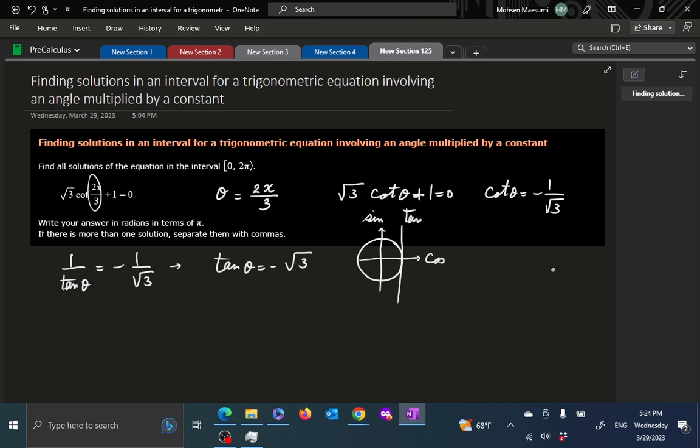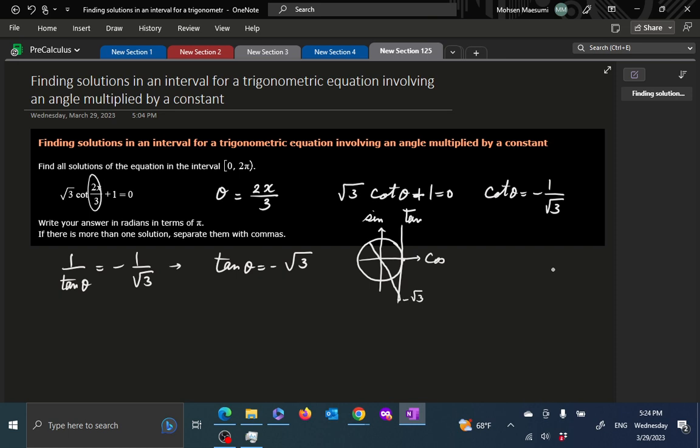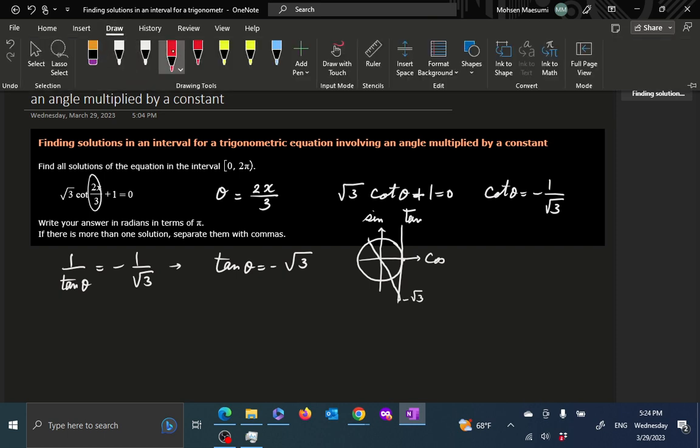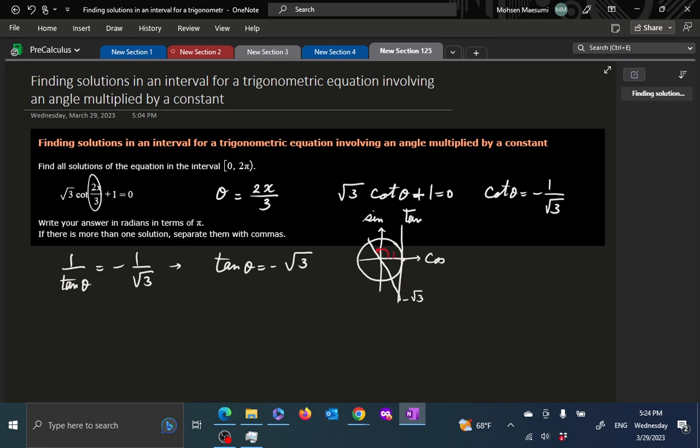Minus radical 3 on the tangent axis, say it is here. We connect to the origin and go to the other side. We see two angles, however you want to label them, that's fine. Here's one of the angles. You can go in the negative direction if you wish, or you can go in this direction.